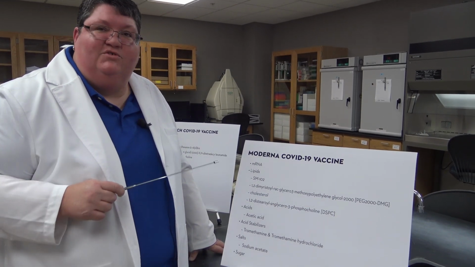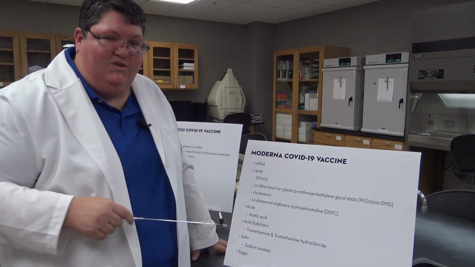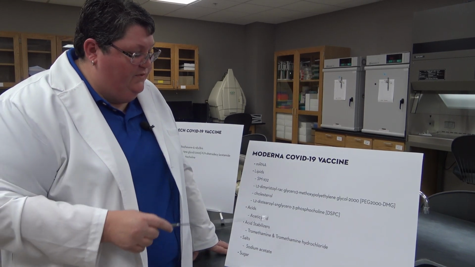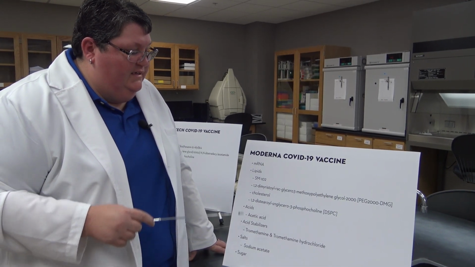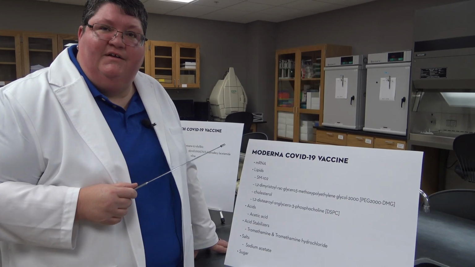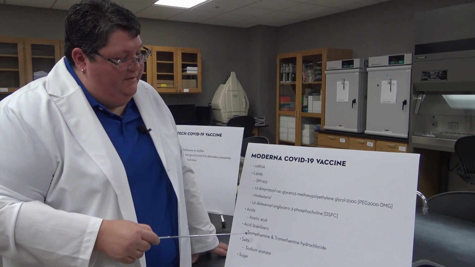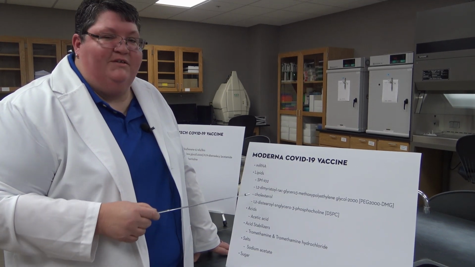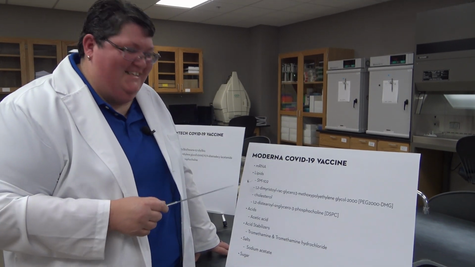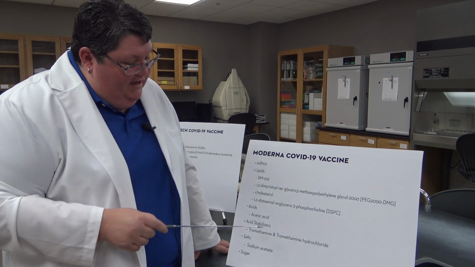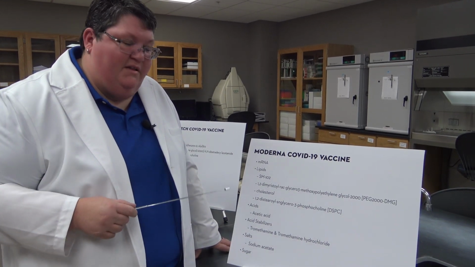And the same good old sugar that's yummy in your cookies and your coffee. Again, the reason why they have these is to stabilize the messenger RNA. And this one is frozen at a much higher temperature in the Celsius range, mainly because of the difference in stabilizers.